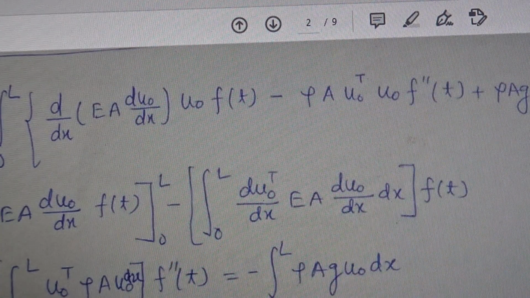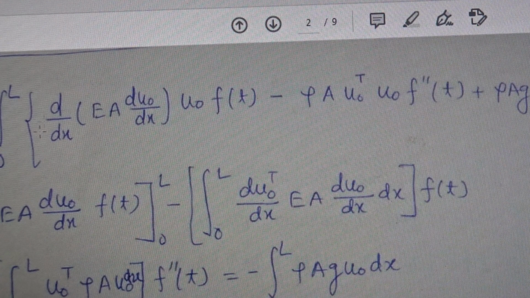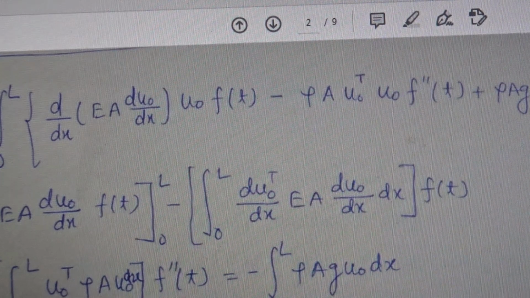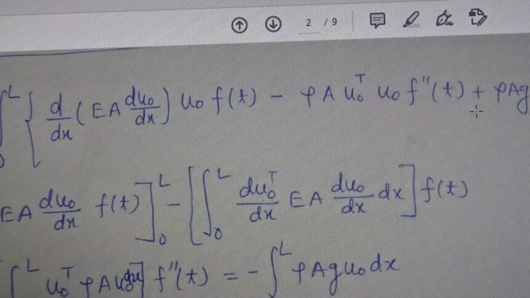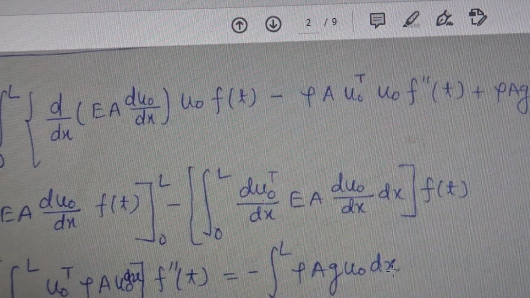Then when you apply integration by parts and integrate, it becomes this one minus this one f of t, minus the integration of this from 0 to L, u naught rho A u naught dx, f double dash t is equal to minus, shifting this term to the right side, integral 0 to L rho A g u naught dx.